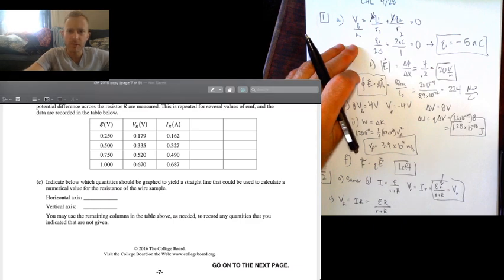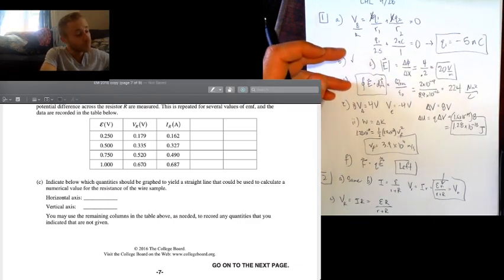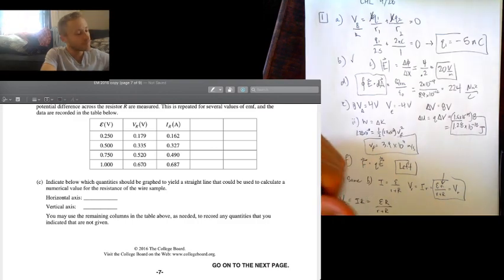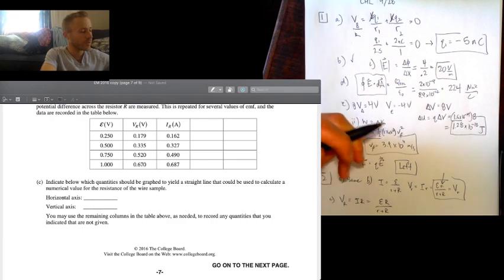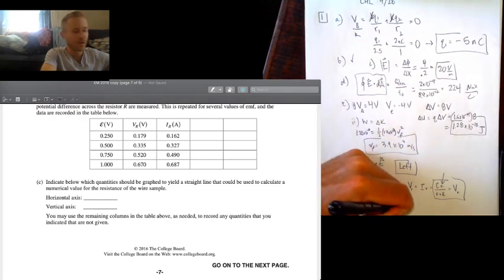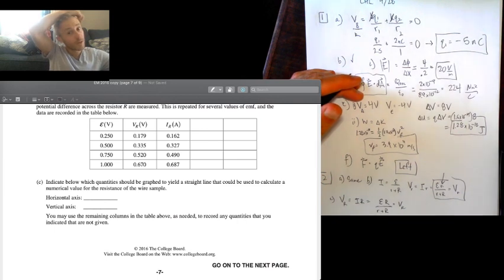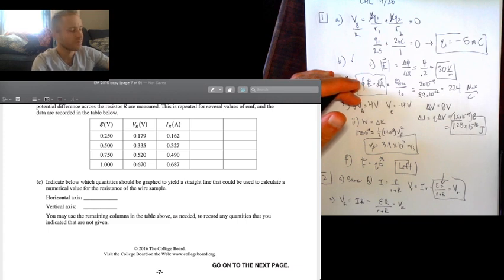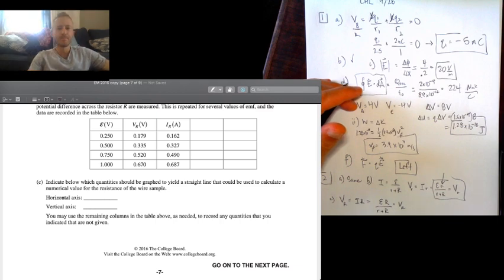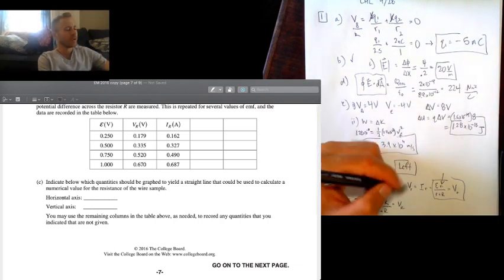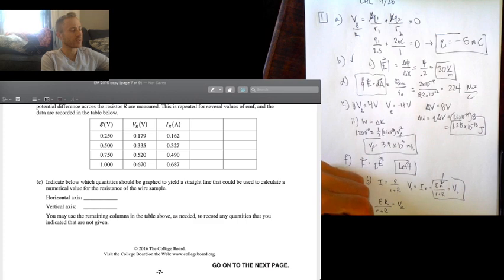Getting a little mixed up here. We know there's a couple ways we could do this. So this is V sub R. So this is the way I'm going to do it.